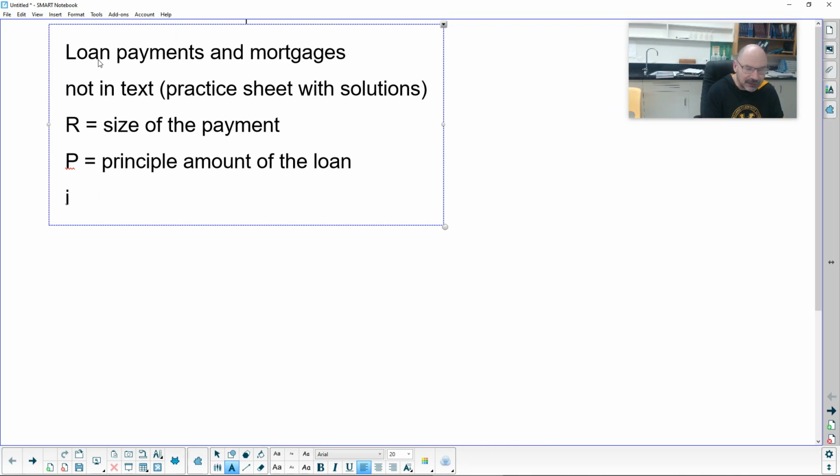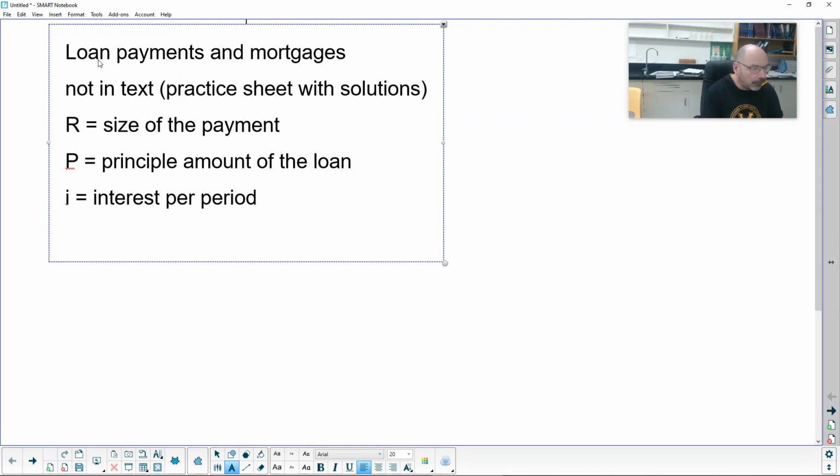The interest rate per period is a little i, and the number of periods is n. Those are our variables, and just remember that this is on your formula sheets.